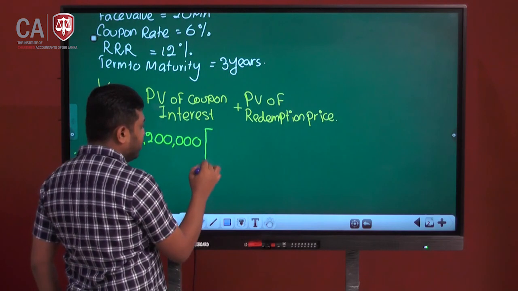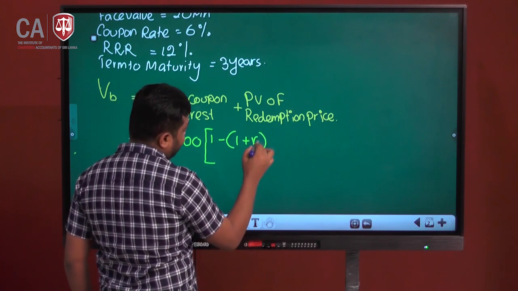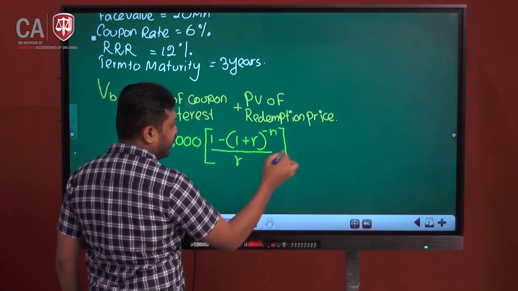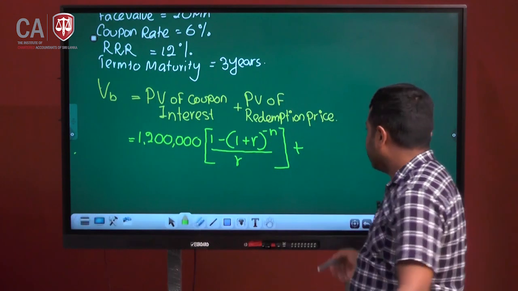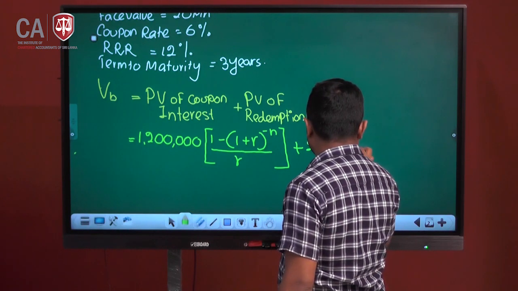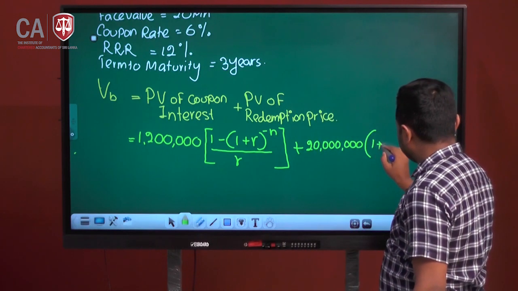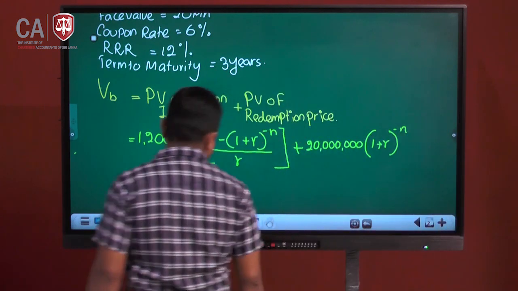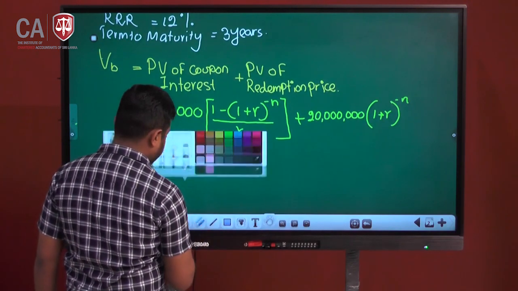Therefore, annuity factor is 1 minus (1 plus r) power minus n, divided by r. R means your required rate of return, plus redemption price, that is 20 million, into (1 plus r) power minus n.